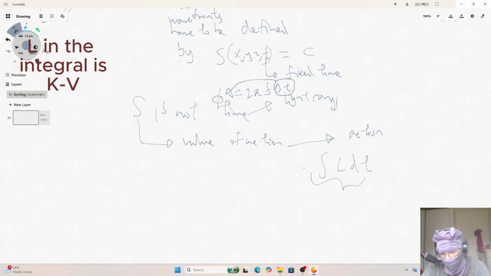So we want now that the wavefronts have to be defined by surfaces of constant S.